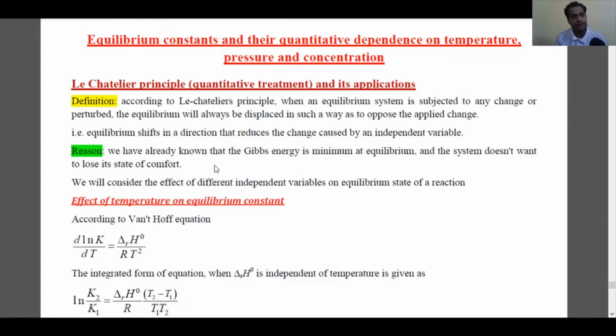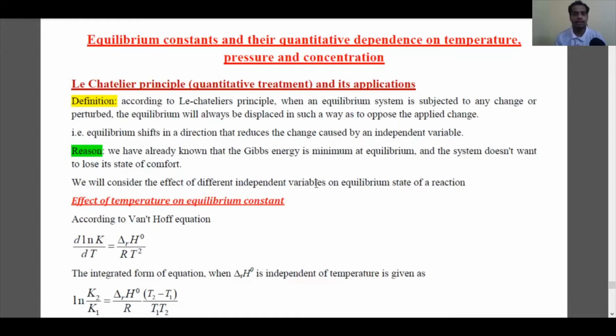Every system wants to attain the least Gibbs energy. So at equilibrium the system is already at the state of least energy, and it does not want to lose its comfort. When it is disturbed from that position, it tries to regain equilibrium by doing some auto rearrangement.